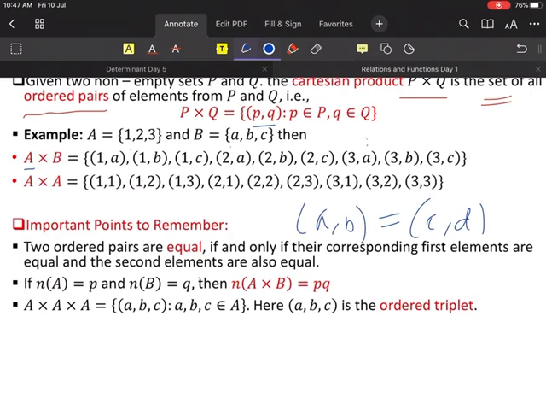So what do I mean when I say (A, B) is equal to (C, D)?